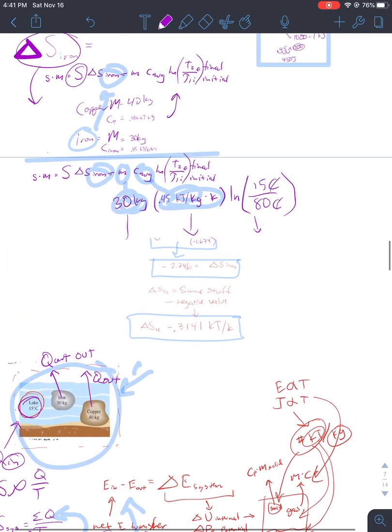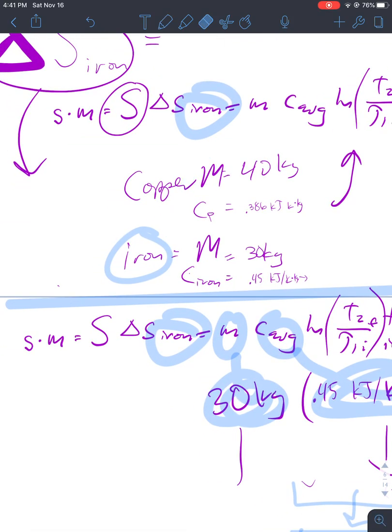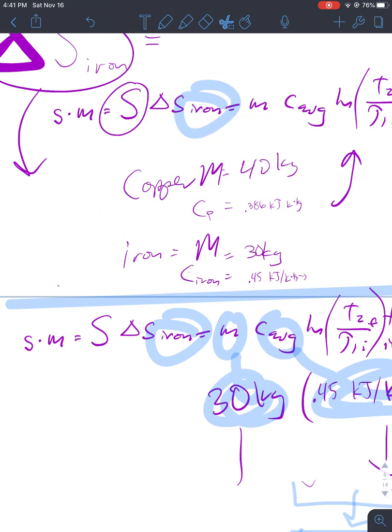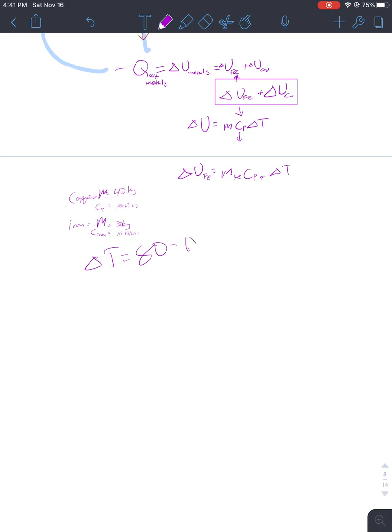Oh man. There it is. And once again, delta T equals 80 minus 15 equals, whoops, I got it backwards. T final minus T initial equals 65 Celsius. That's what we're looking for.